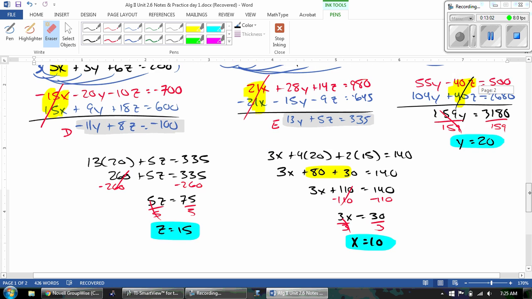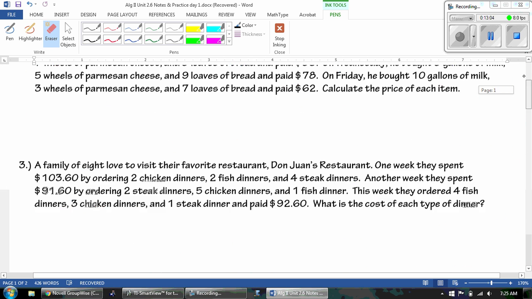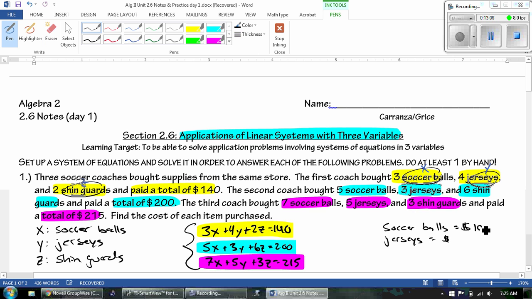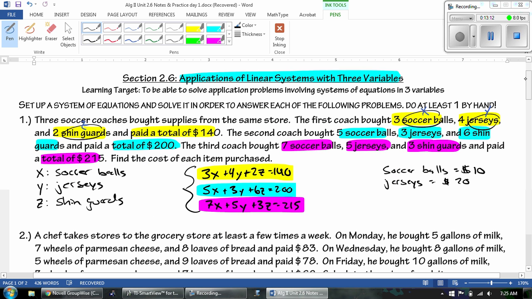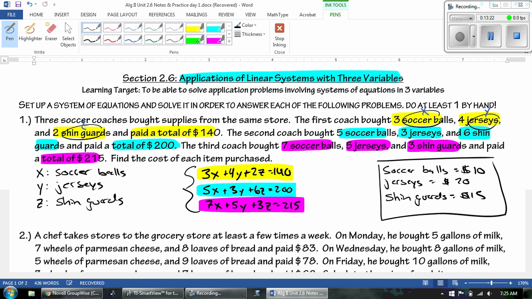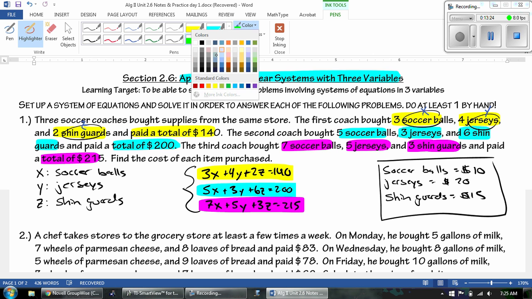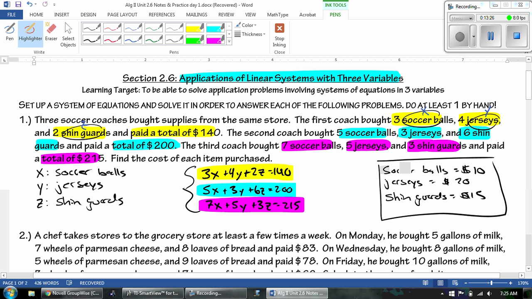Okay, so soccer balls were X, so there were 10. Hopefully you're yelling at me. The jerseys, which was Y, that was 20. And then the last one, the shin guards, which was Z, was 15. And there we go. We got our final answer.